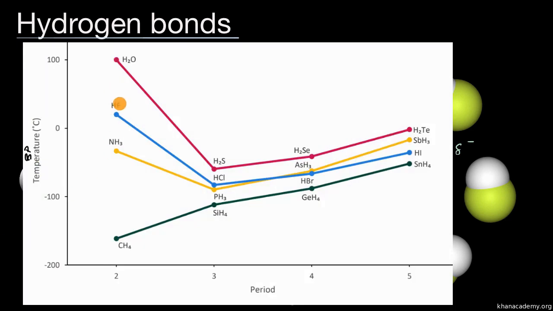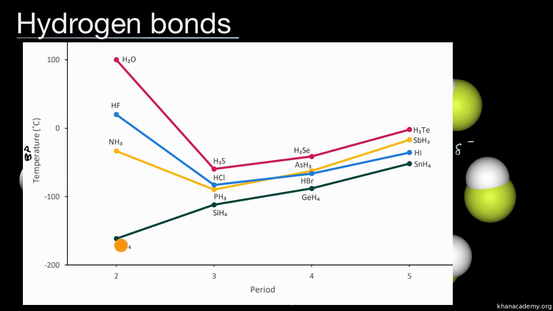And to make that clear, you can look at this chart. You can see all of these molecules are formed between period 2 elements and hydrogen. In fact, all of these molecules have similar molar masses: methane, ammonia, hydrogen fluoride, and water. If we were just thinking about London dispersion forces, they are proportional to the polarizability of a molecule, which is proportional to the electron cloud size, which is proportional to the molar mass.